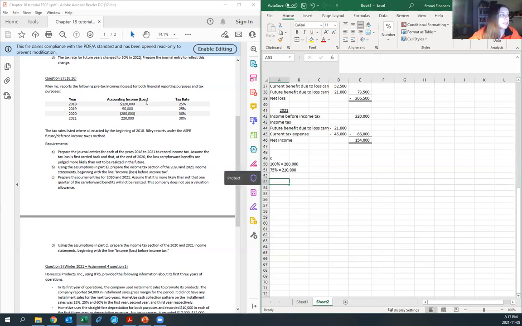We're going to check, okay, does my accounting income from 2018 and 2019 fit in my loss from 2020? So 210 minus 120 minus 90.